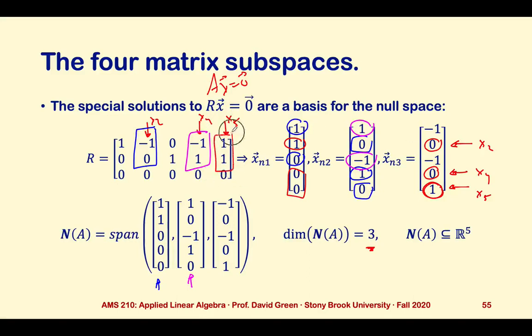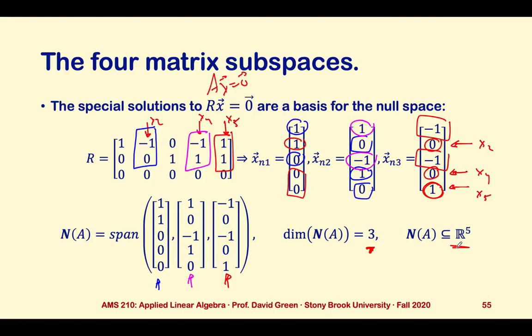We're drawing now from our last column, where both the x1 and the x3 entry are 1s, which we negate in our final answer. -1, 0, -1, 0, 1 is our third basis vector for the null space. The null space has dimension 3. Each of the null space vectors has 5 elements. Its parent space is R5, 5-dimensional space.